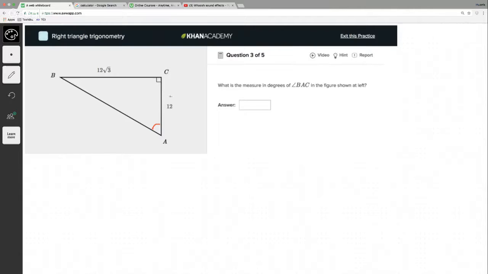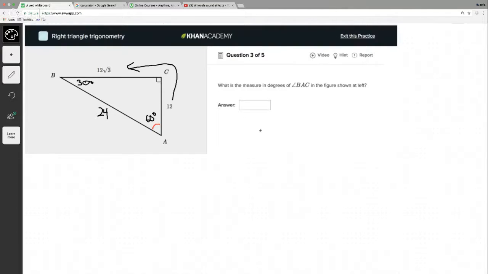I can see that this is a right triangle, and because I know that this is the small leg and the medium leg is 12 root 3, this has to be a 30, 60, 90. There's no other way. That's the ratio of the sides. So that means the smallest angle over here is 30 degrees, because the smallest leg is opposite 30 and the medium leg is opposite 60. So I know this is 60 degrees for the answer.